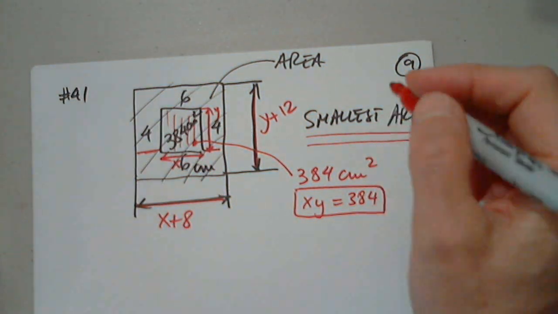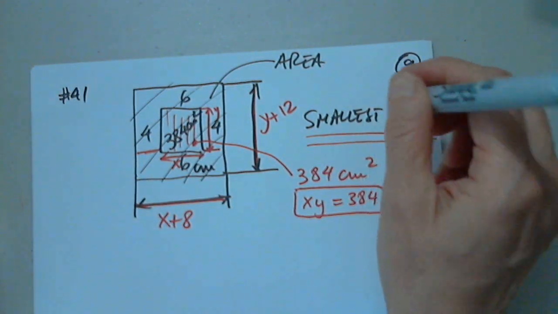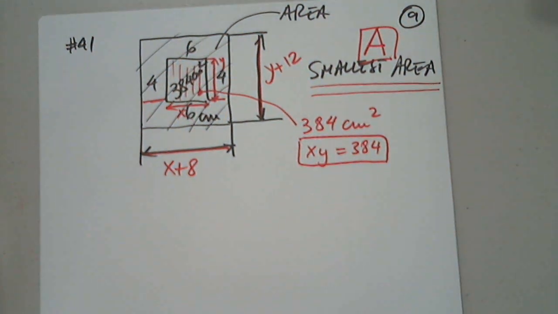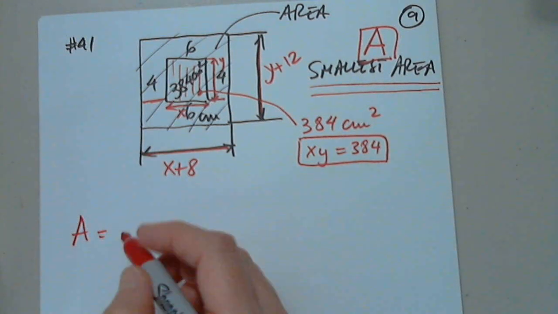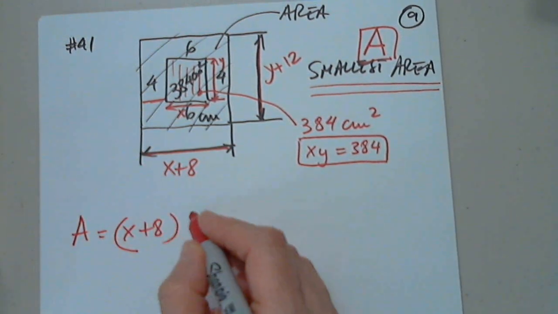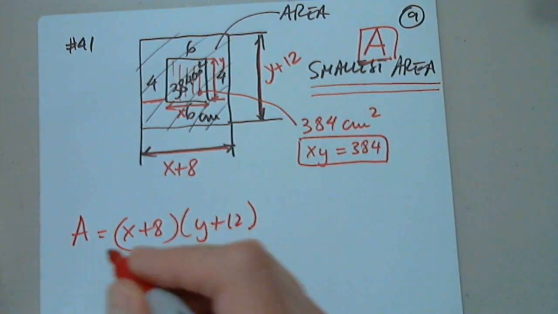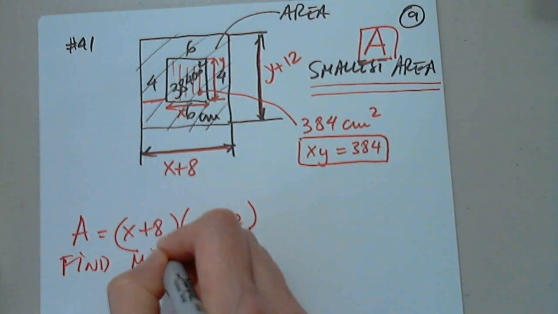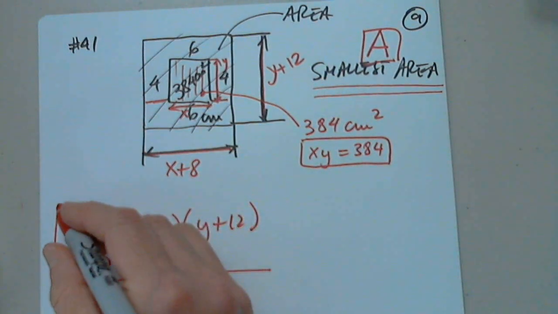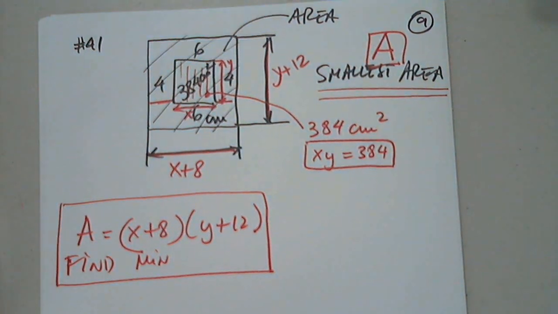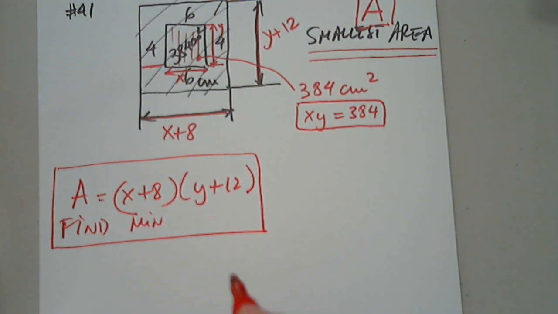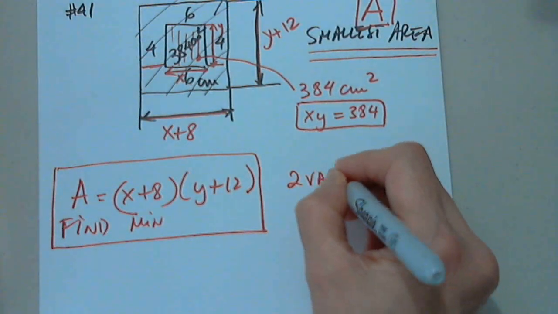Awesome. So the area that we are interested in, I'm going to denote it by uppercase A, is X plus 8 times Y plus 12. We want to find the minimum. Good, so I have a function, but the problem is I have two variables.